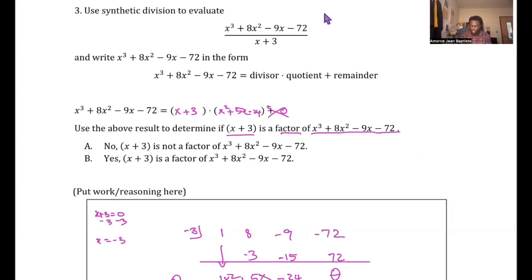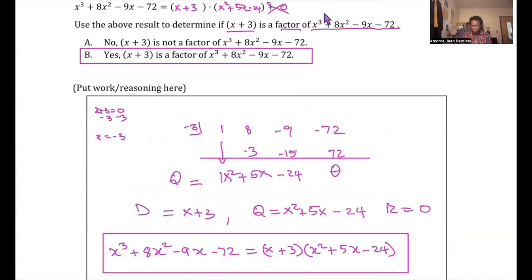Well, the answer here is because the remainder is 0, the answer is yes. X plus 3 is a factor of x cubed plus 8x squared minus 9x minus 72. The answer is yes.